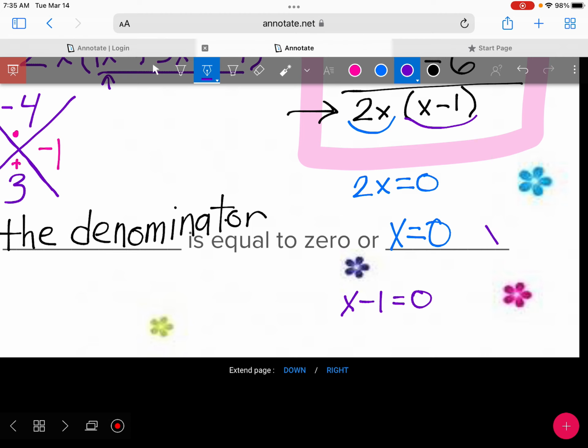When x is 1. So we have to figure out the places where it doesn't work, and that's any place our denominator is 0. It is undefined when our denominator is 0.